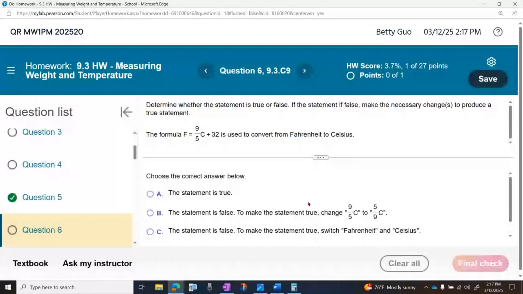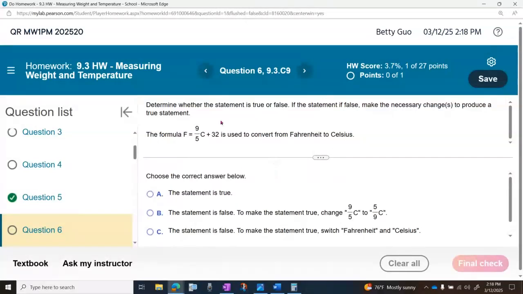Okay, this is the conversion formula. This is the formula to go from Celsius to Fahrenheit. If you know the number of degrees of the temperature in Celsius, plug it in here, and you will have the corresponding temperature in Fahrenheit.